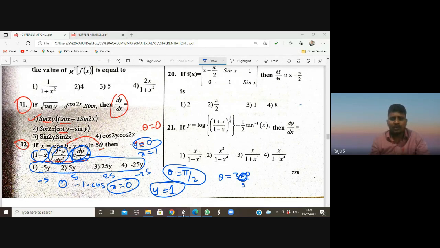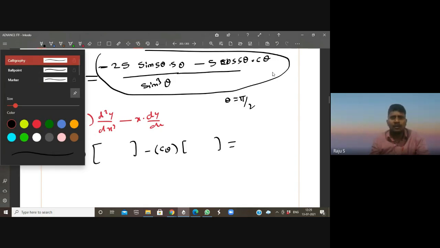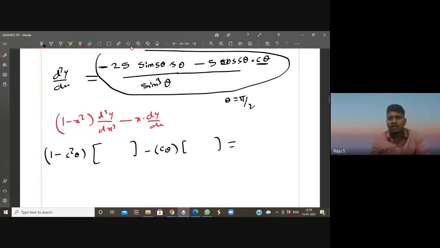So what about this d square y by dx square when theta is equal to 90? Substitute here. Theta equal to 90 means cos theta is there, and whenever you have cos 90, this will be 0. And minus 25 into sin 5 theta, which is sin 450, sin 90 equals 1, by sin cube 90.